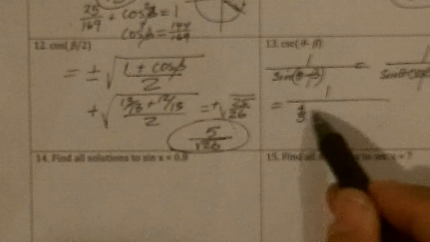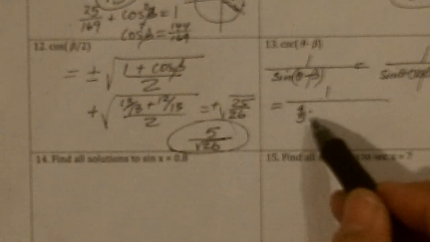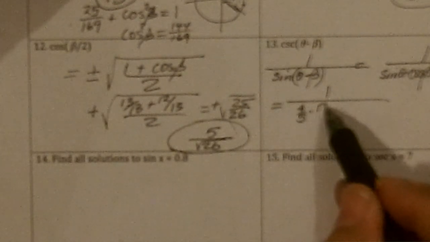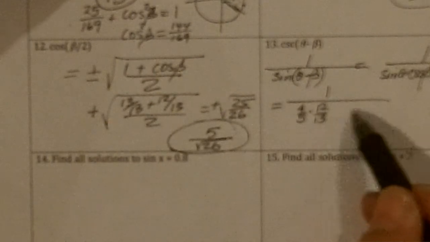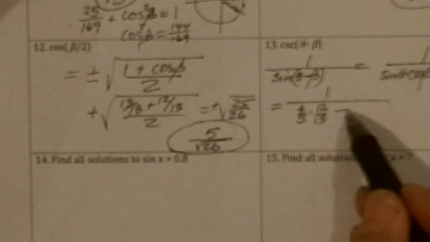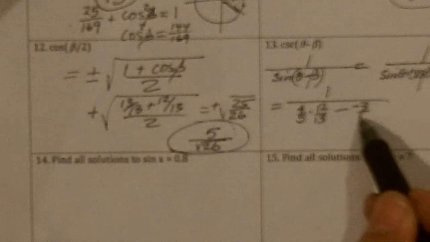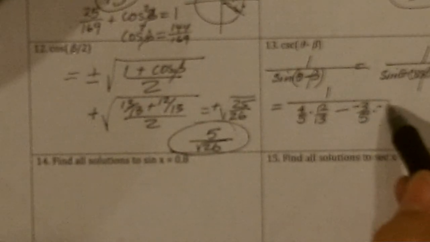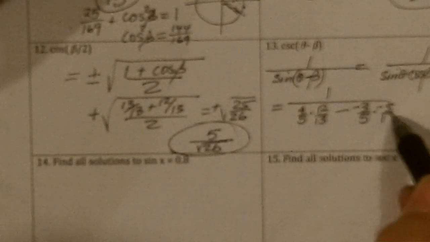4/5, times cosine beta, 12/13, minus cosine theta, which is minus 3/5, times sine of beta, which is negative 5/13. And so we got negative, negative, negative, which is negative.